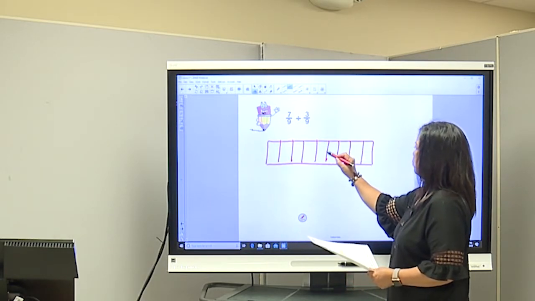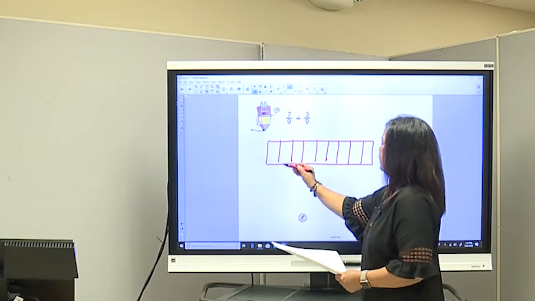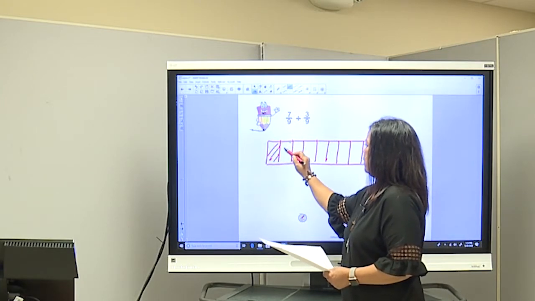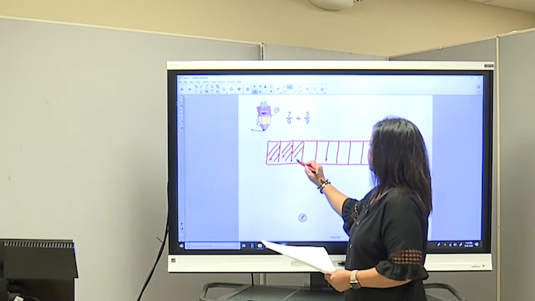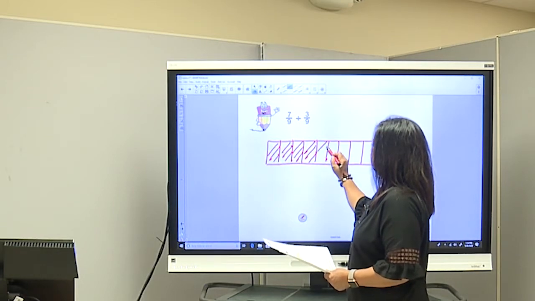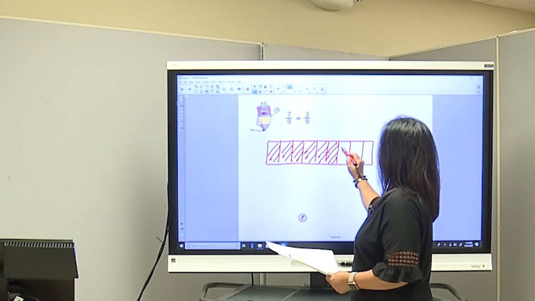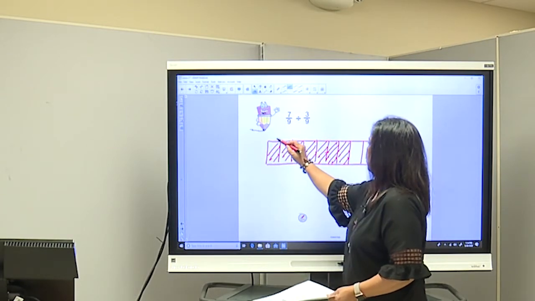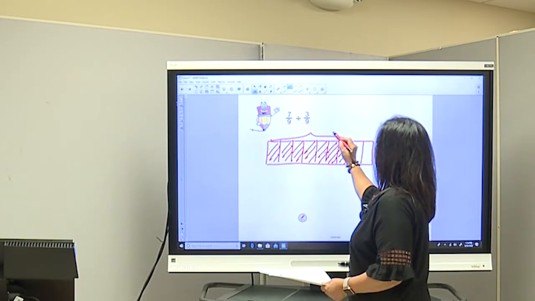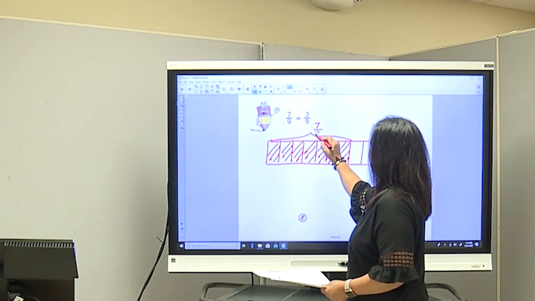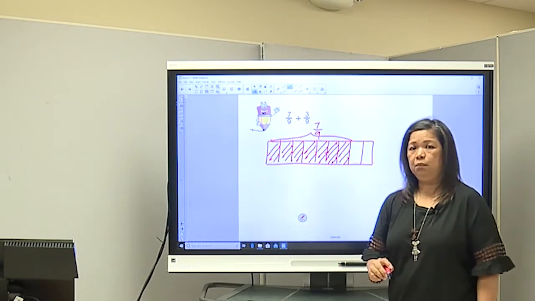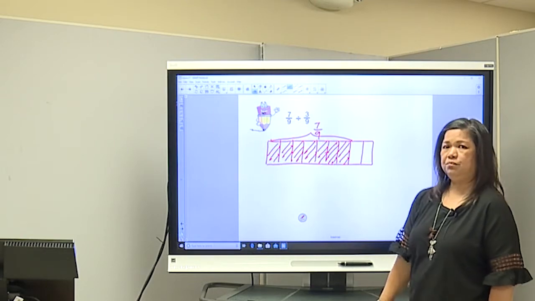So we need 7 ninths. Okay, 1, 2, 3, 4, 5, 6, 7. Now, always, always, always label when you are using a model. So that is 7 ninths.